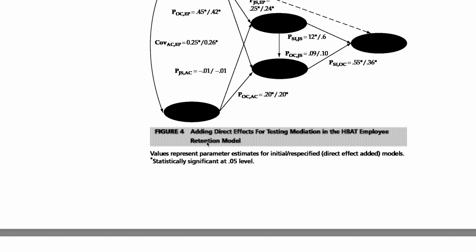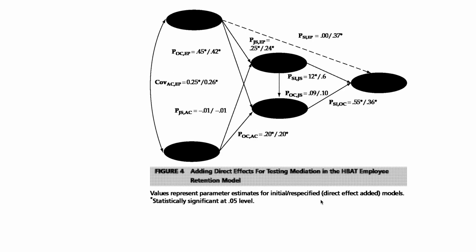This is Figure 4, adding the direct effect for testing the mediation in the HBAT employee retention model. It visually represents the parameter estimates for the initial model and the respecified model with the direct effect added, statistically significant at the 0.05 level.